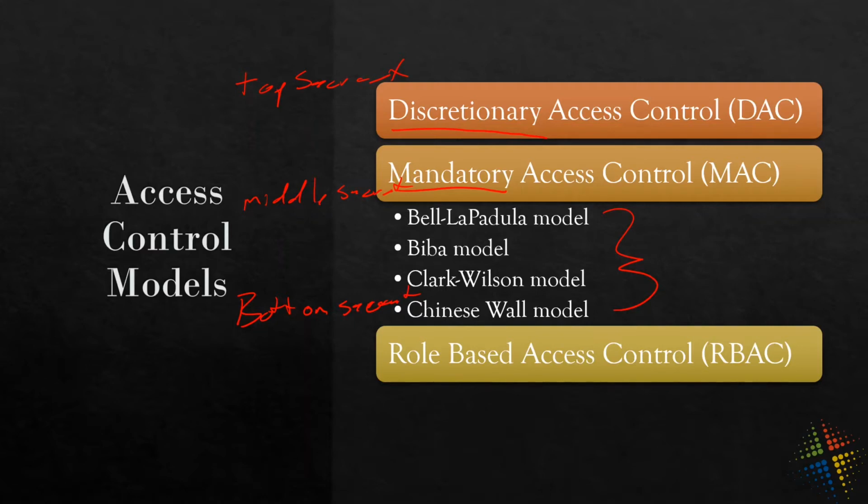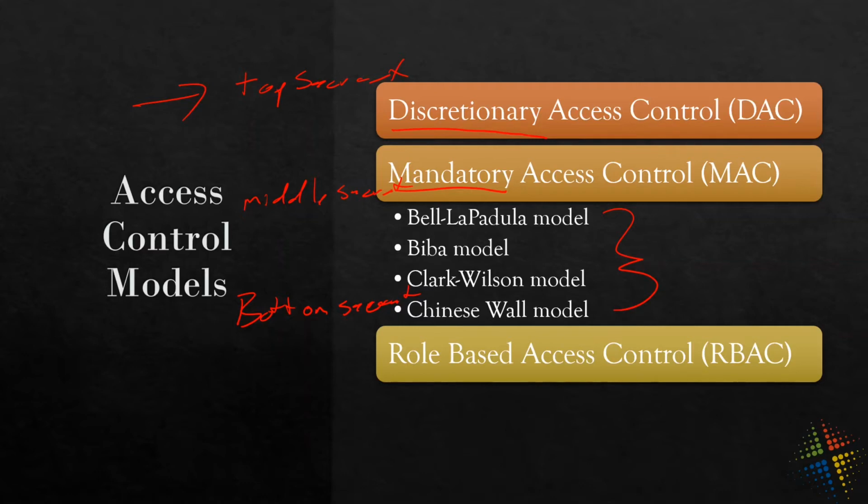But the idea for MAC, mandatory access control, is all of the information has a label. It's going to be like one of these labels. So you're going to label something as being top secret or secret or whatever layer of secrecy it has. So you define information or resources as having a certain label, and then you label people as having similar titles.